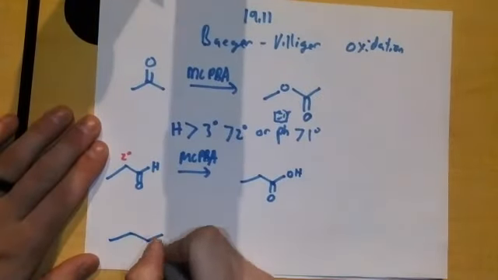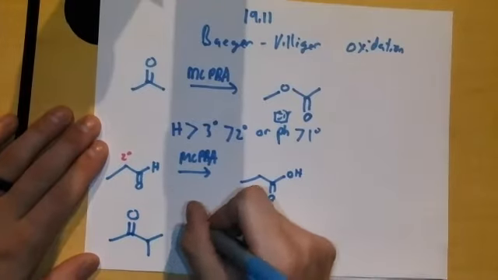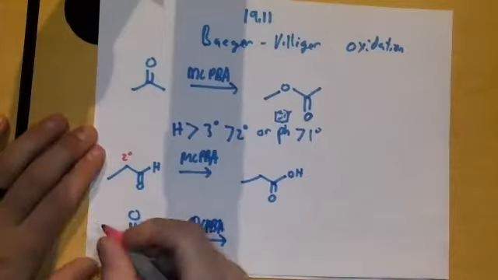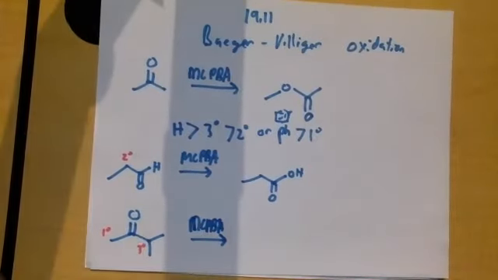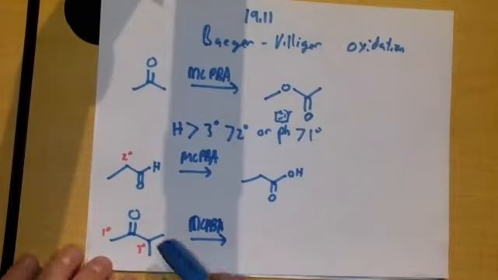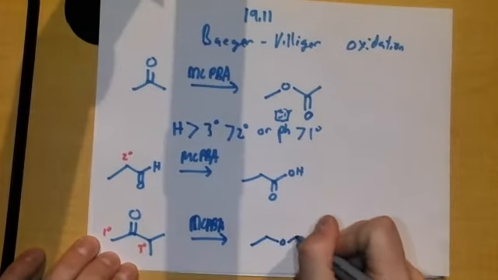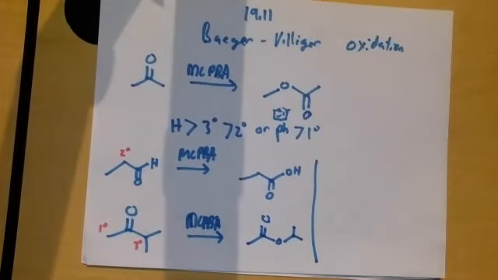If we have a tertiary and a primary, tertiary is going to be favored. So that's the side the oxygen is going to get inserted into, and we can end up with this product.